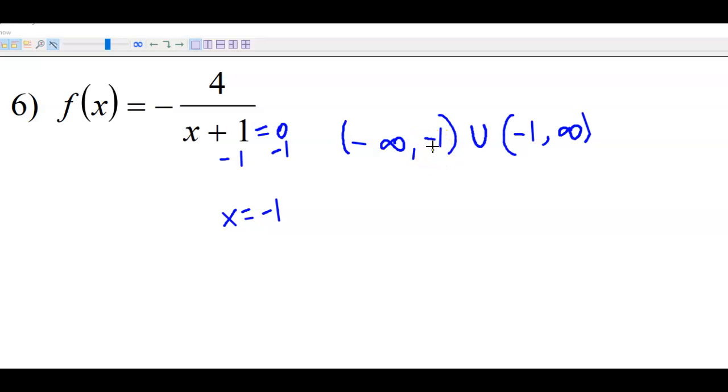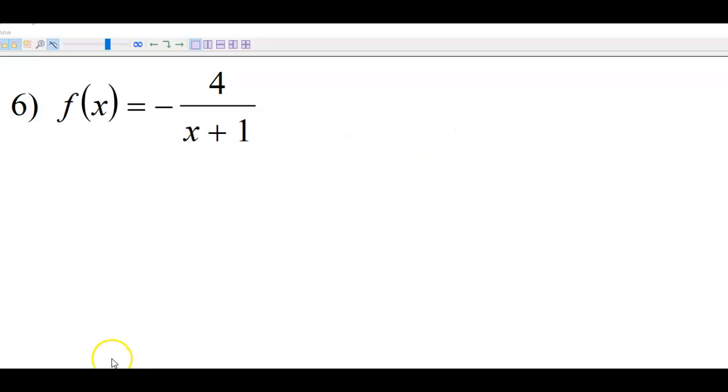Any value that is on the real number line except for -1. Another way to write that would just be to say that it was all real numbers except for -1. So you would just say all real numbers except -1.